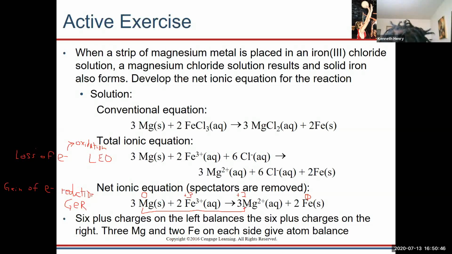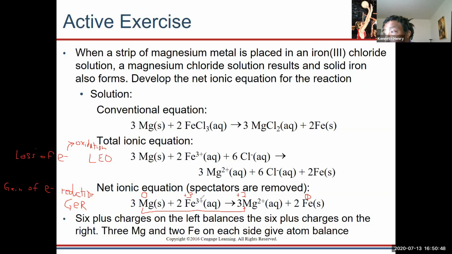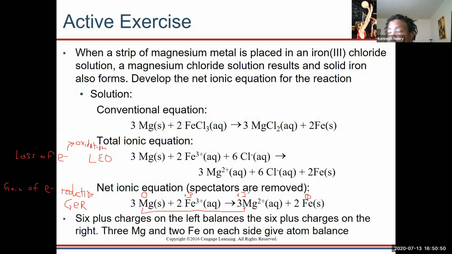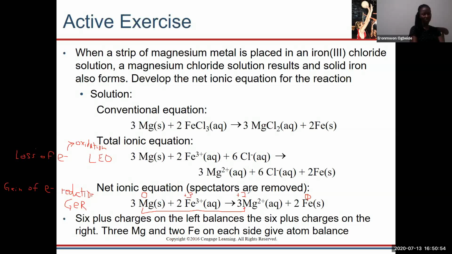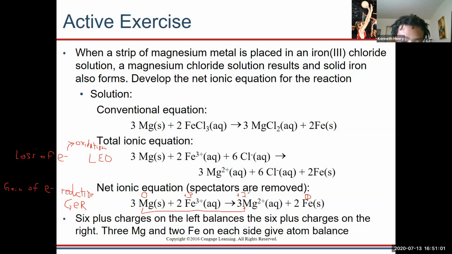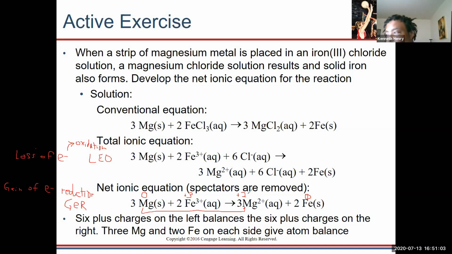Reduction. If I'm going from 0 to +2, am I gaining electrons or am I losing electrons? Gain. Reduction. Are you sure? Losing. So because what is the charge on electrons again?